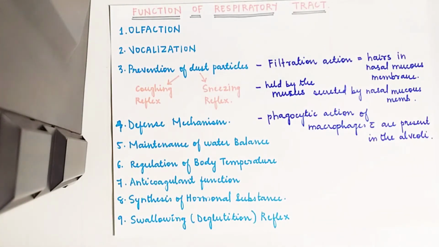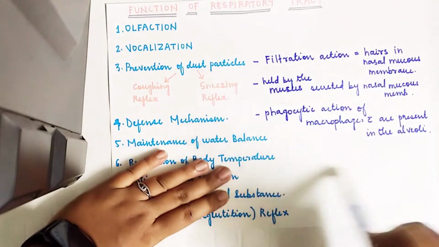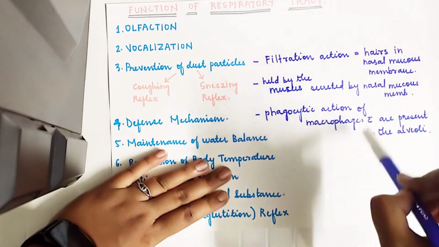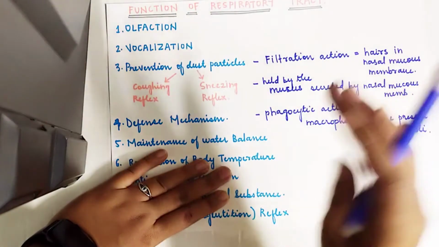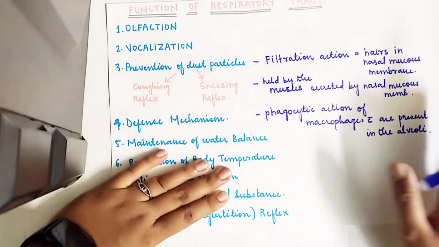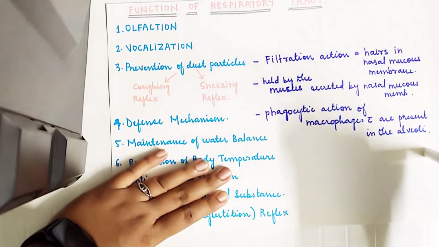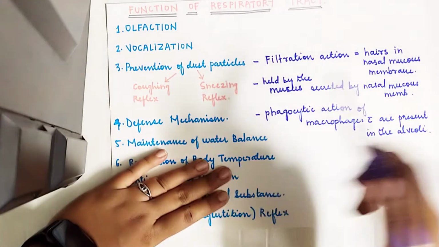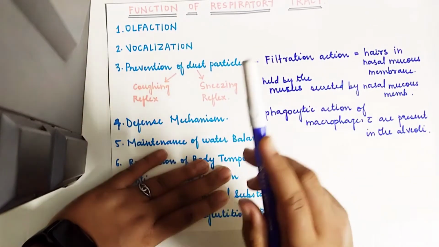And if particles escape all these steps, all the protective mechanisms of the nose and the alveoli, then they are thrown out by the coughing reflex and the sneezing reflex.